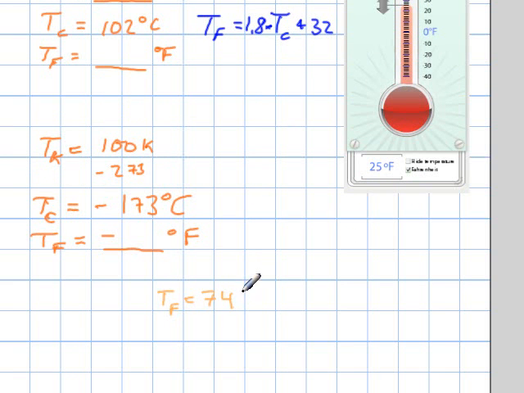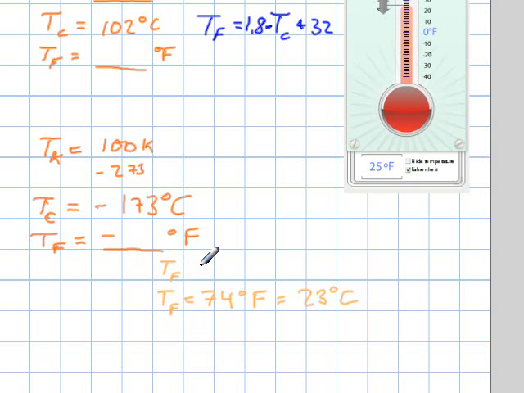Okay, now using this equation up here, I'm going to go the opposite direction. So I subtract 32, which is 42, and then divide by 1.8, and I have to do it on the calculator, and I come up with a rounded 23 degrees Celsius. Let me take a relatively high temperature.